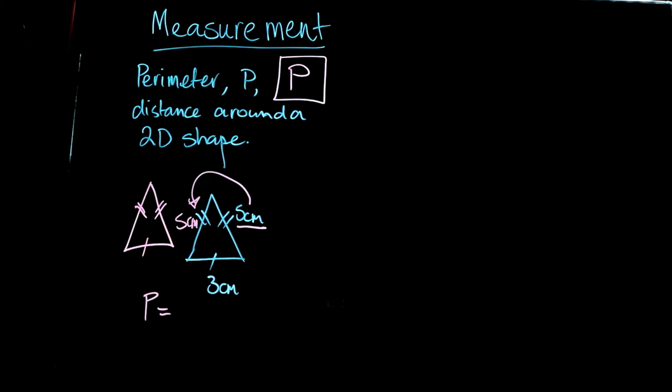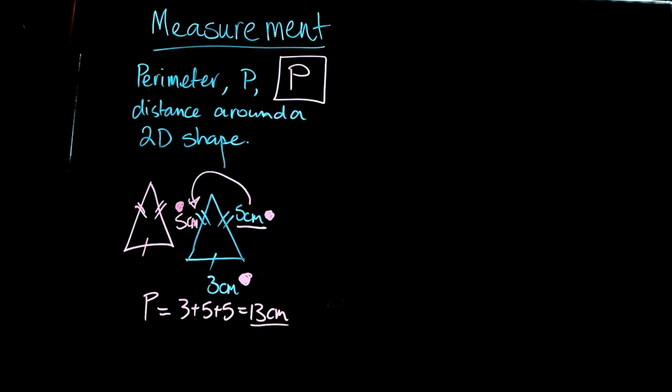So it's as simple as adding them all up like this. And my suggestion to you here, even though this is a really simple example, is that I would imagine putting my finger on each of those measurements as I write them down to make sure that I've got them all. Because it's a pretty common mistake just to miss one of the lengths and then suddenly your answer is wrong.